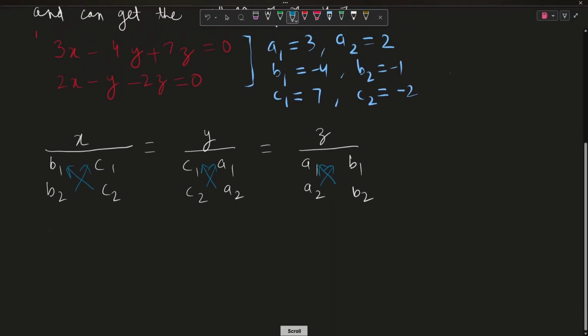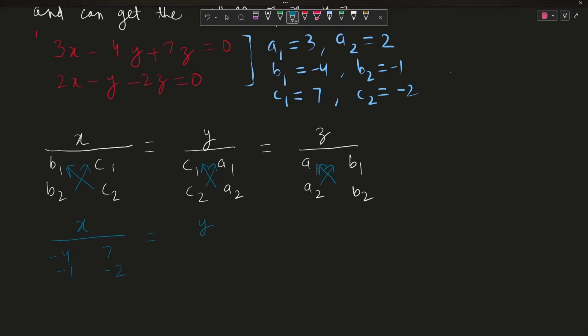So the values are x upon b1, which is minus 4, minus 1, 7, and minus 2, is equal to y upon 7, minus 2, and 3, 2, is equal to z upon 3, 2, and minus 4, minus 1.